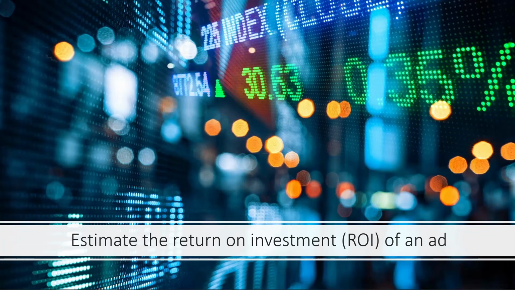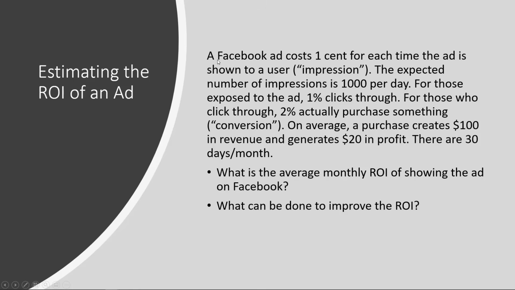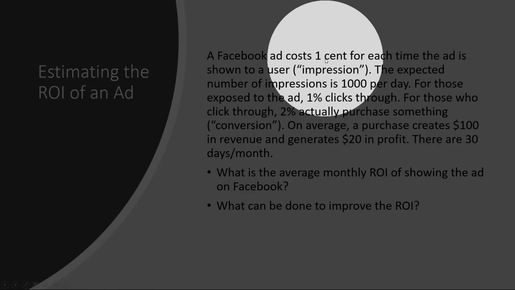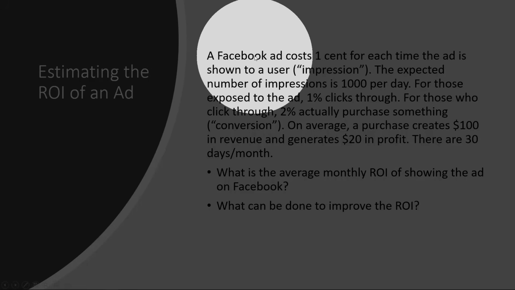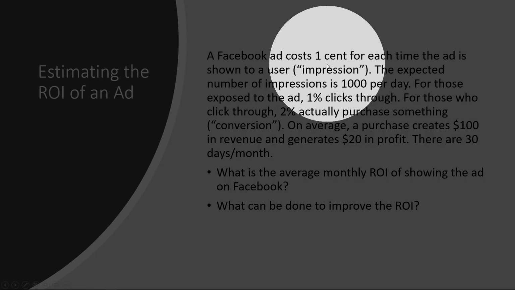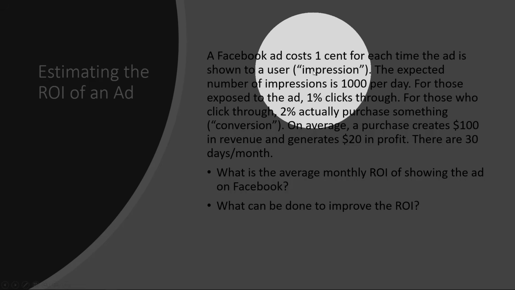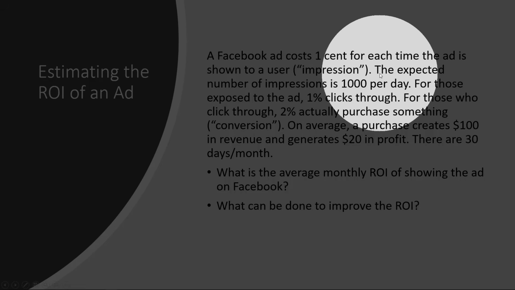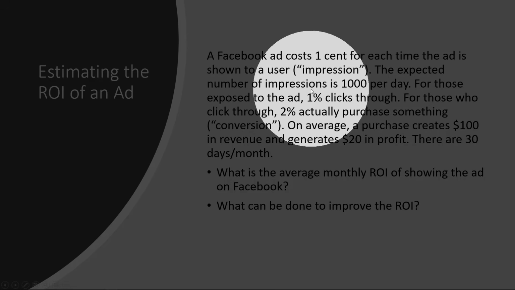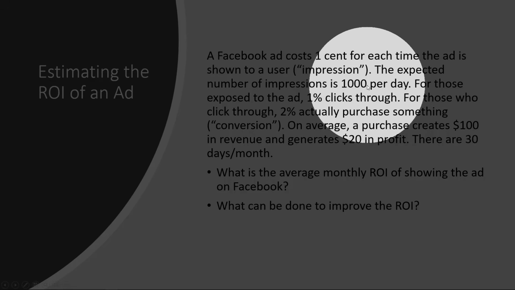And separately in the Excel videos, we're going to show how to estimate the return on investment of an ad. And here is an example of the context. So let's say a Facebook ad costs 1 cent each time the ad is shown to a user. So 1 cent per impression. And the expected number of impressions is 1,000 per day.